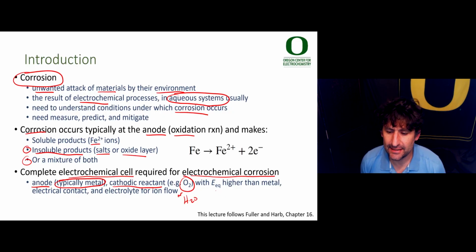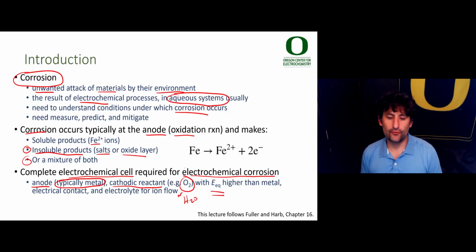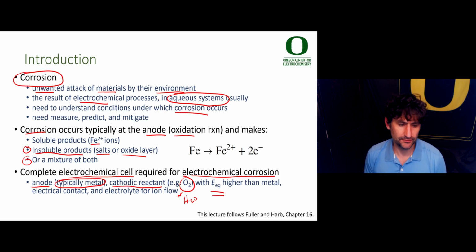And the key is that the equilibrium potential for the cathodic reaction needs to be higher than that for the metal, and you need electrical contact, and you need some electrolyte conductivity, typically an aqueous phase with a little teeny bit of dissolved ions in it, to allow the passage of ionic current.